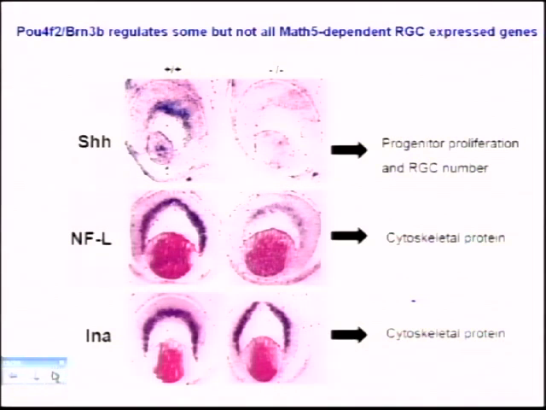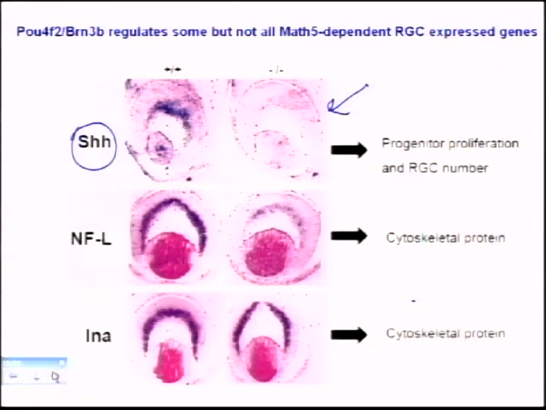I've given you an example of 3 different genes to show that Brn3b regulates some, but not all, genes that are dependent on MATH5 regulation. So here's a gene, sonic hedgehog, which is yet another growth factor that's involved in the proliferation of the progenitor cells. And you can see when you take away Brn3b, POU4F2, there's absolutely no expression of sonic hedgehog.